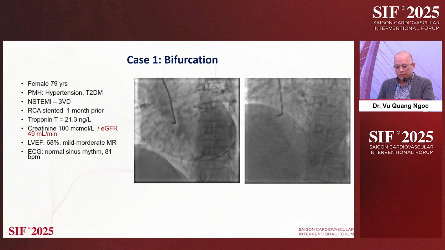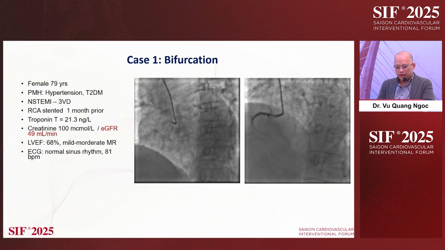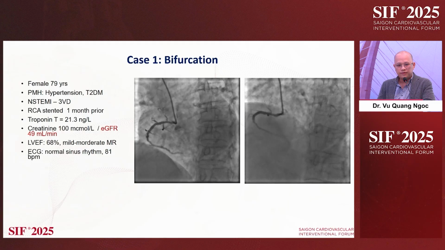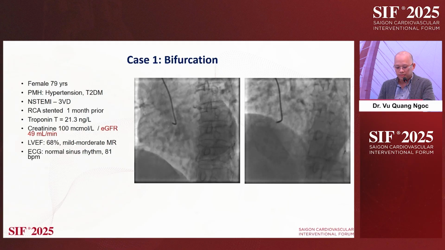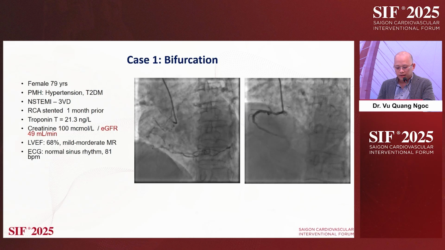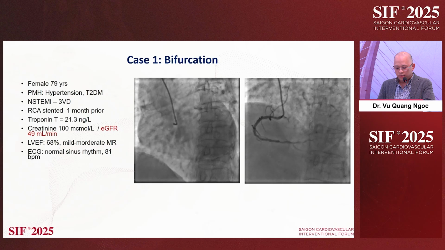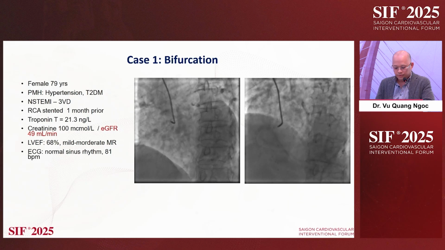Now some of the cases from our daily practice. We have a bifurcation lesion in a very high-risk CHIP patient, a 79-year-old lady with hypertension, diabetes, and three-vessel disease, who had a stent in the RCA a month ago, with preserved ejection fraction.